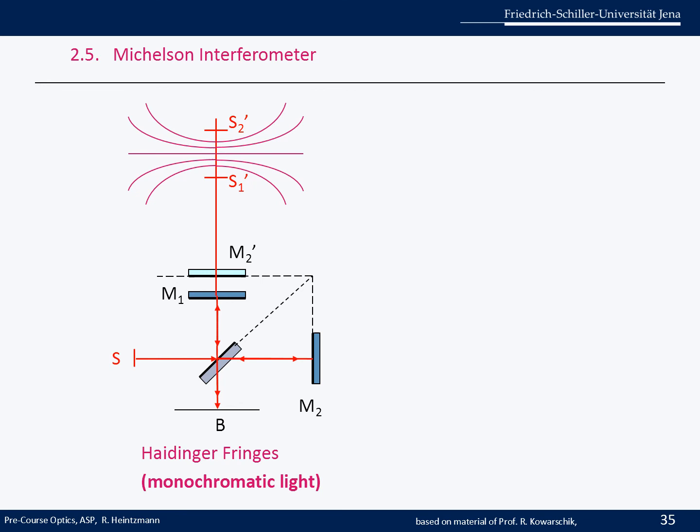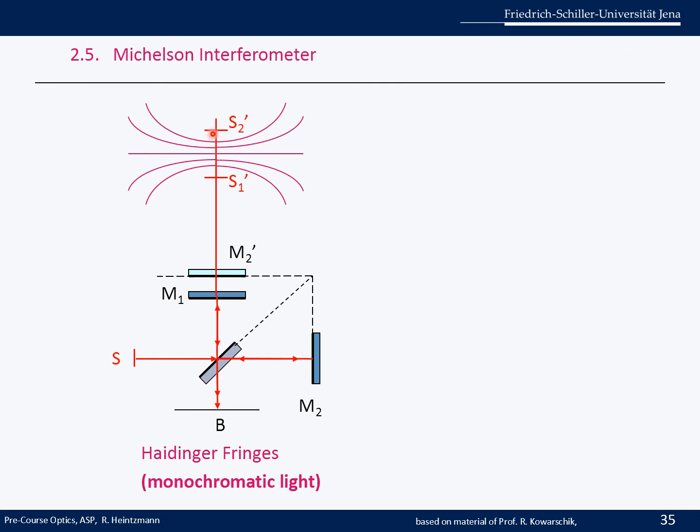So if we now have divergent light that comes from here, what we then get is this sort of effect: at the perfect position, with the optical path lengths of the two paths being equal, with the compensation plate that is not shown here, you see at a particular Z position, if we put a camera there, nicely constructive or destructive interference over the whole field of view.